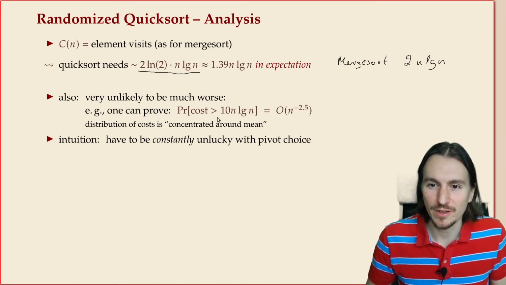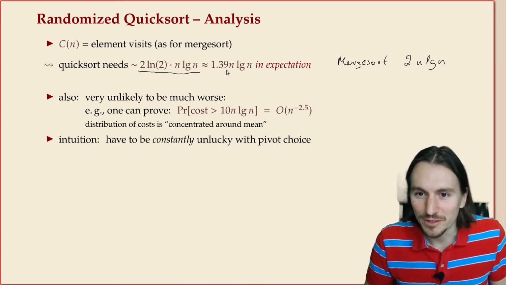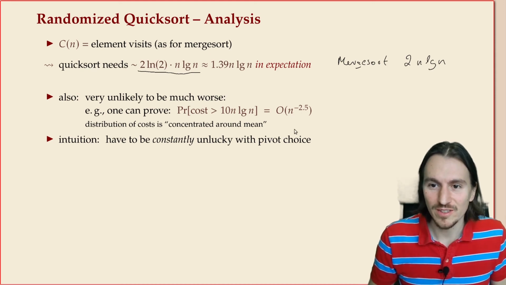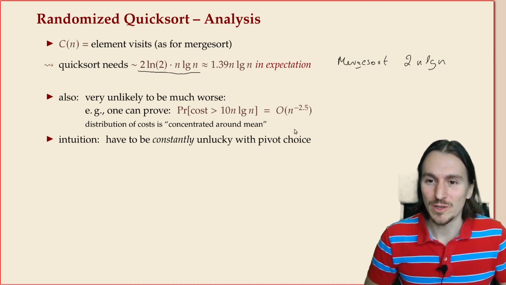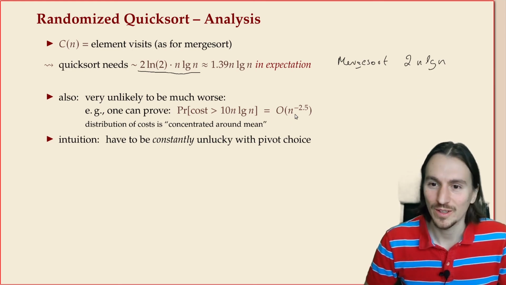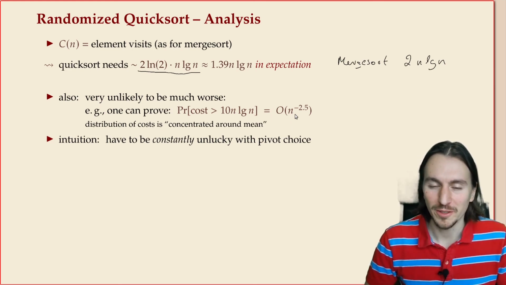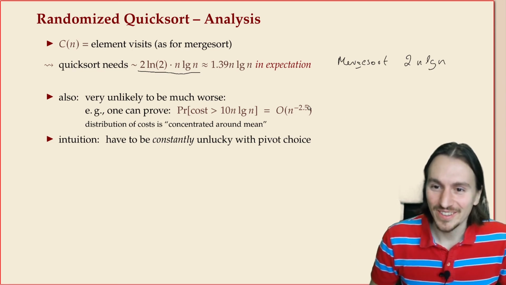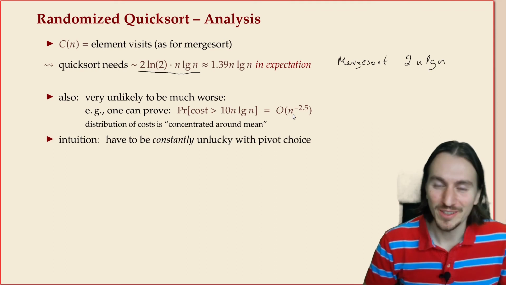The probability that the cost is roughly 7 times more than the expected cost goes to 0 very quickly as you make the input larger, almost like a cubic, or at least it goes very quickly to 0.